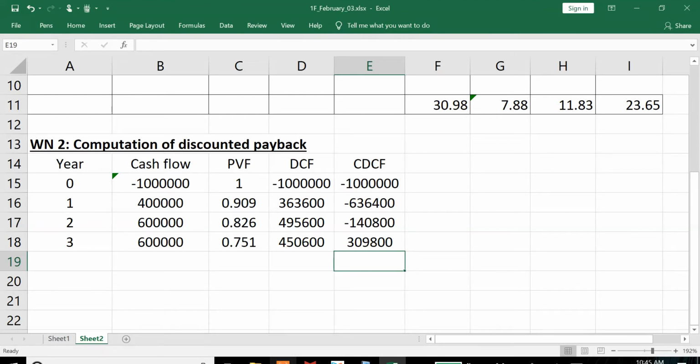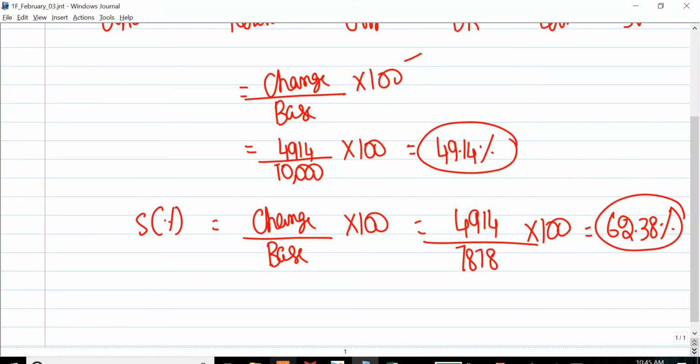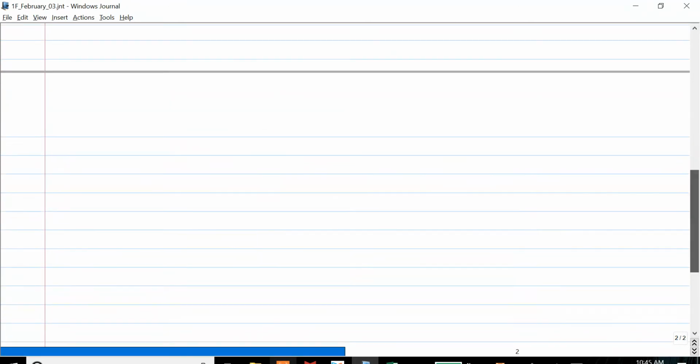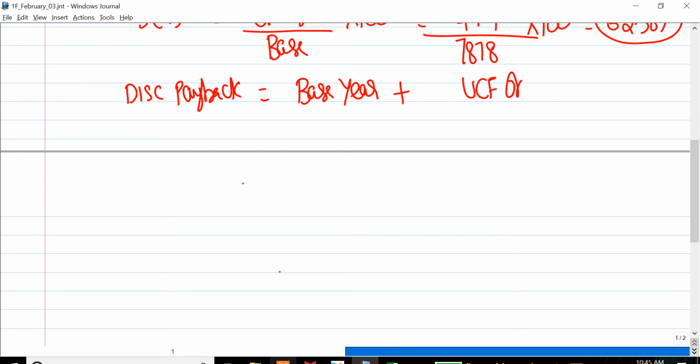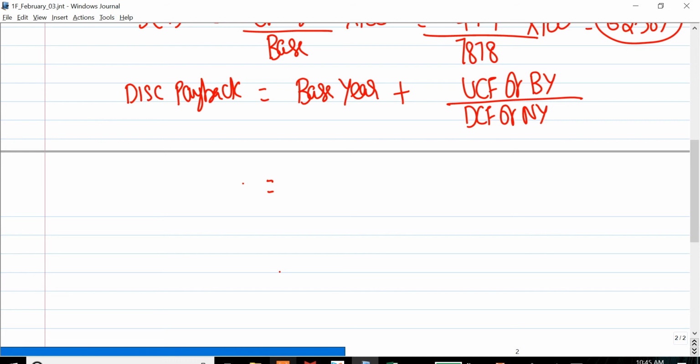It's normal NPV computation. We have another column called CDCF. Now discounted payback equals base year plus unrecovered cash flow of base year divided by discounted cash flow of next year.